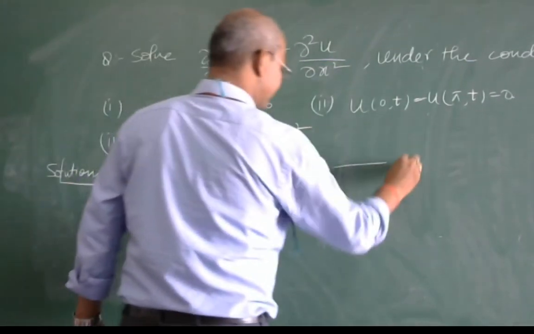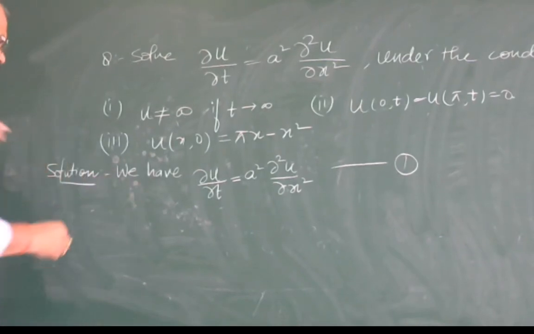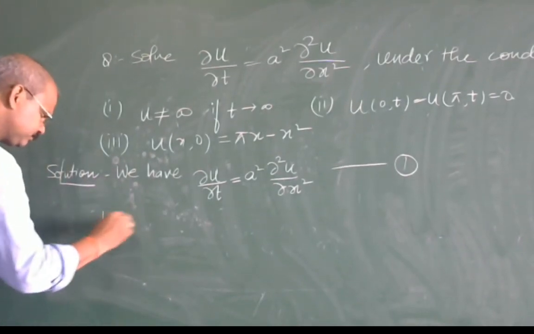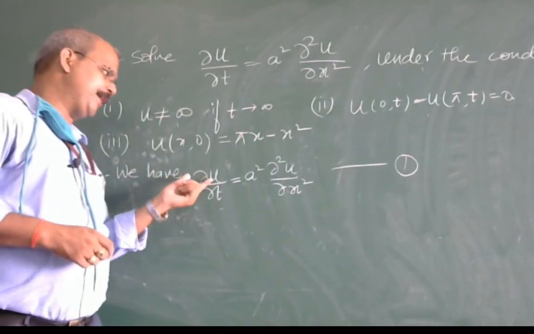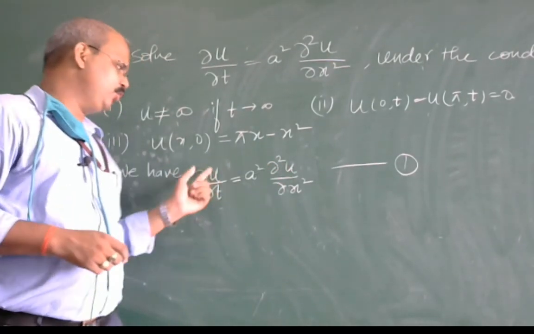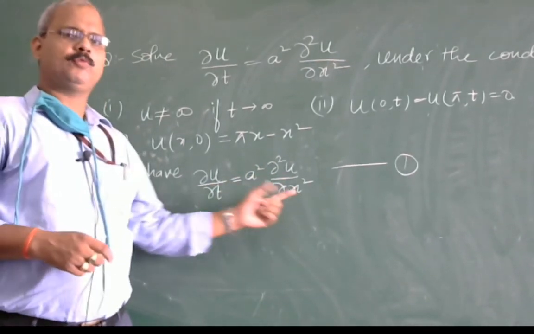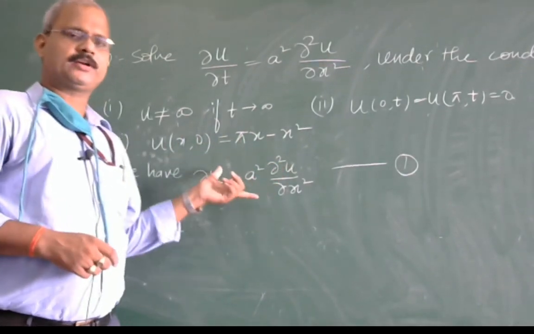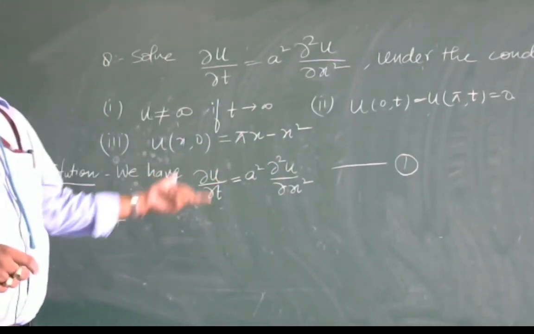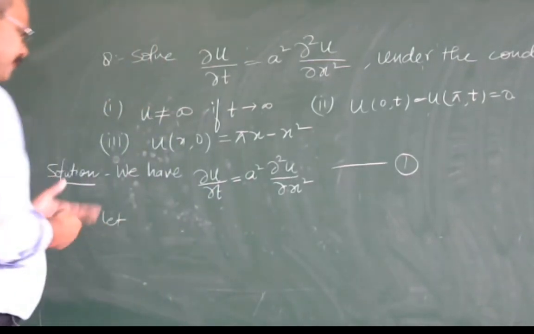This is the first equation. Here, as you know, the dependent variable is u, and the independent variables are x and t. Both x and t are independent and u is dependent, so u can be expressed in terms of x and t.